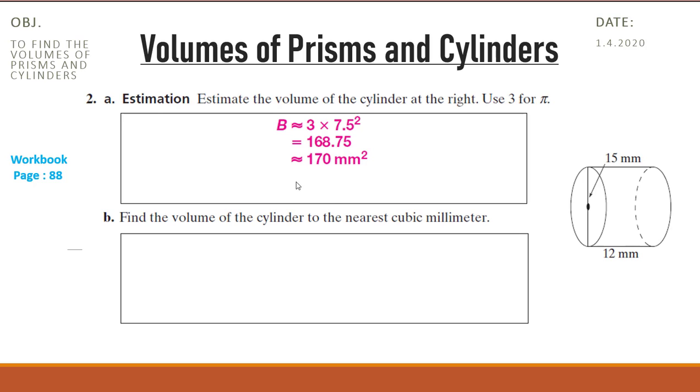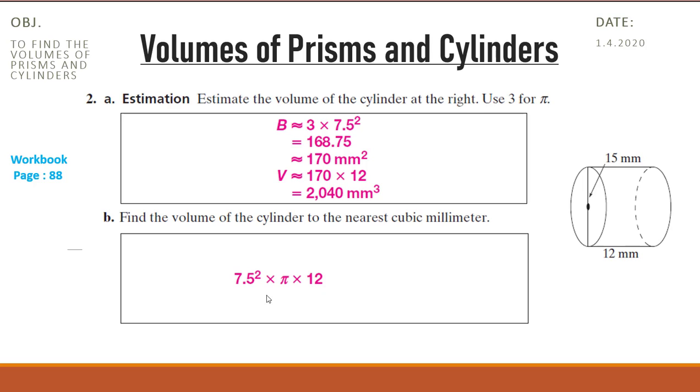And let's find the volume, that's the base area multiplied by the height, which is 12, and it will be 2040. Now let's find the exact values. The base area is 7.5 squared multiplied by pi, multiplied by the height.